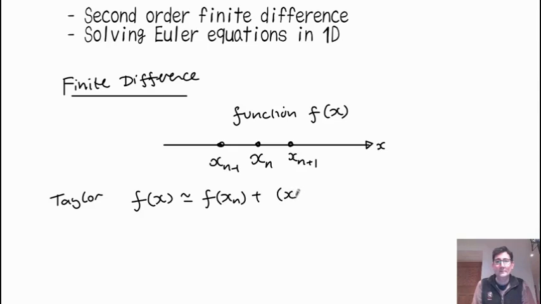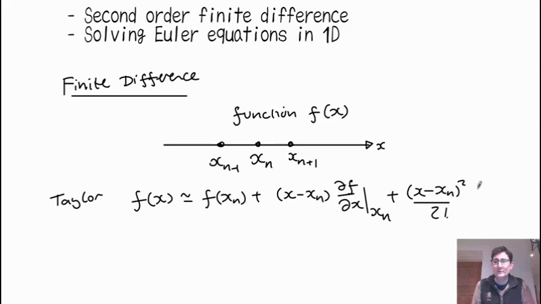So we have an x minus xn times df by dx evaluated at that point xn. And then we have an x minus xn squared term with a 2 factorial, d2f by dx squared, again evaluated at point xn, and then this keeps going as an infinite series.